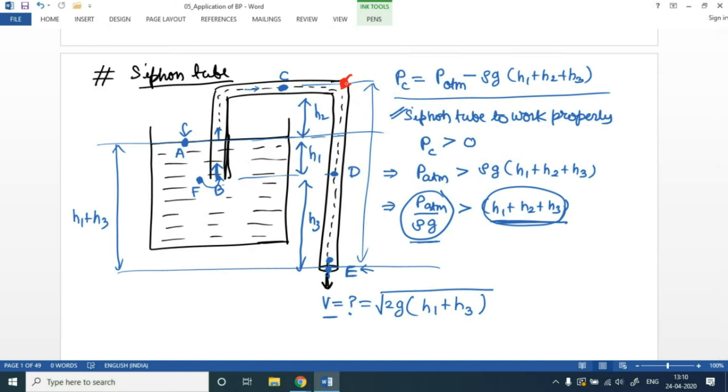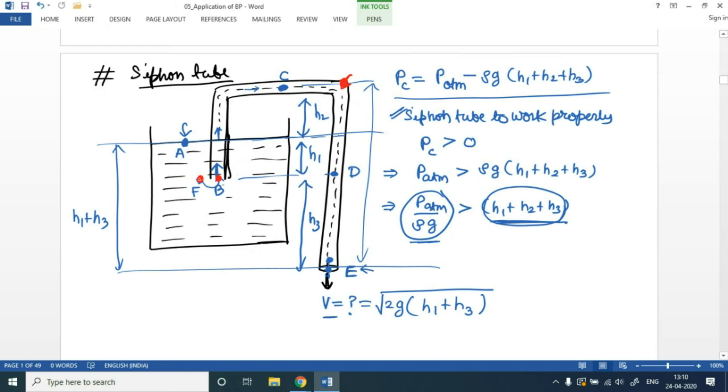Okay, and now, in the very beginning I told you, let's look at this point F and this point B. Can you say that the pressure at point F and the pressure at point B, because they are at the same level in the liquid, are the same? The answer is no. The pressure at point F and point B are not the same.